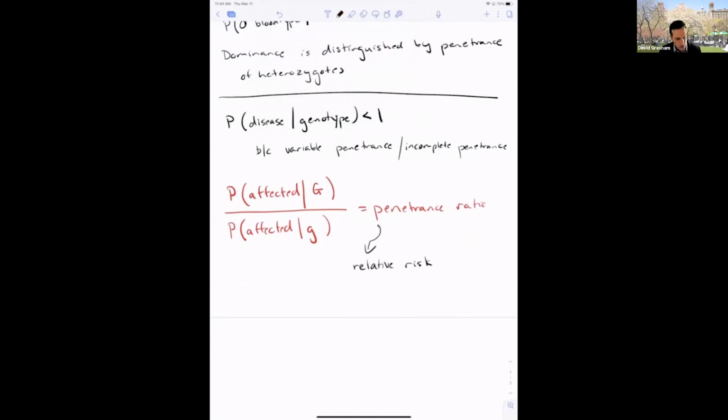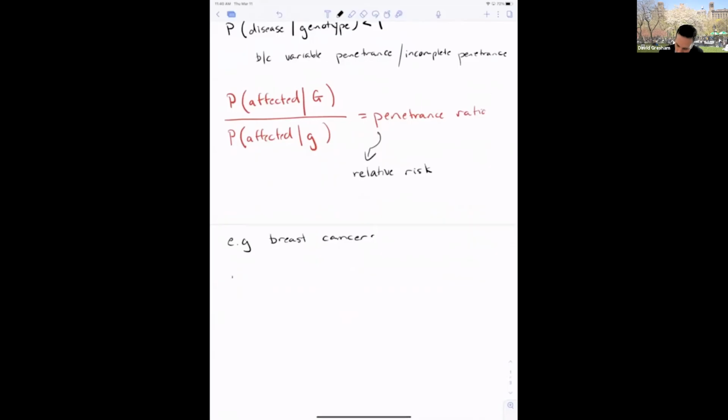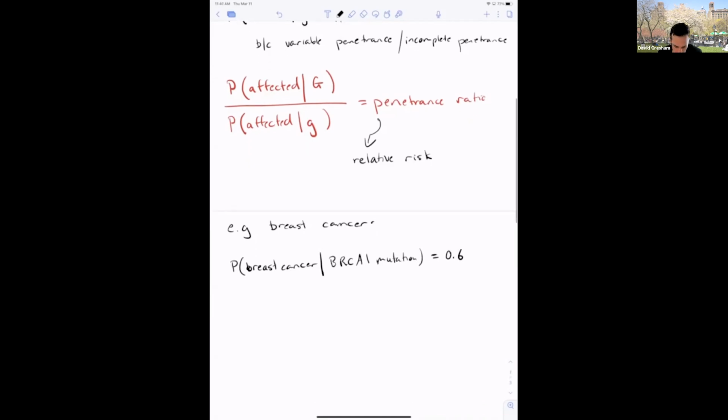And so let's think about the example of breast cancer. We can think about the probability of getting breast cancer given that you have inherited a BRCA1 mutation, and that number is about 0.6. So you're at a very high risk, about a 60% chance of getting breast cancer if you inherit the BRCA1 mutation. But there are other sources of breast cancer, and so we can think about the probability of getting breast cancer given that you have a wild type BRCA1, and that's about 12% of women, okay?